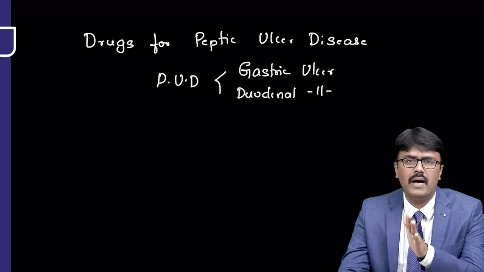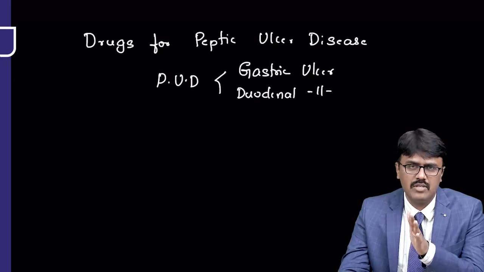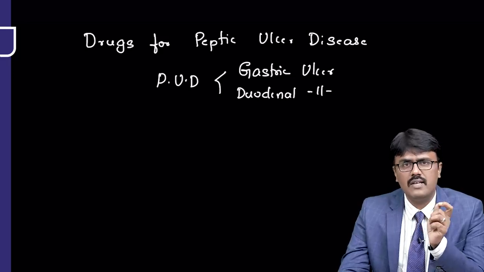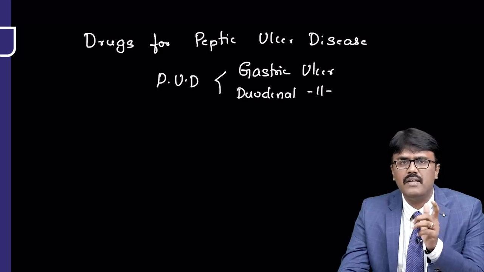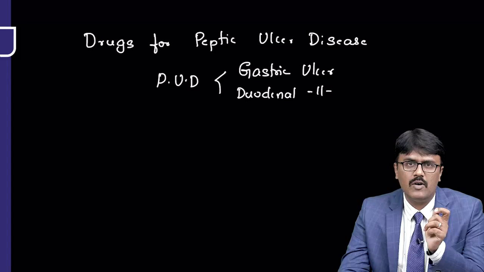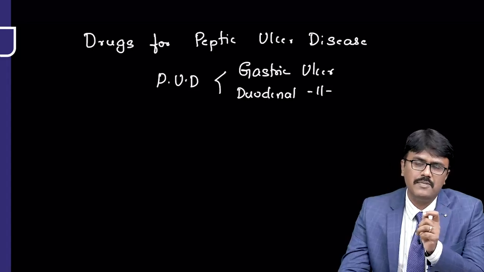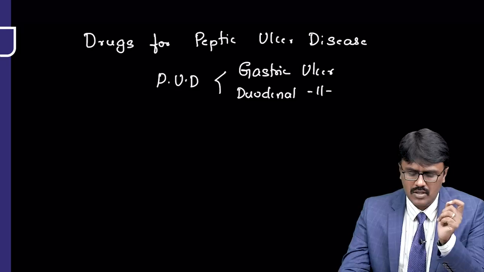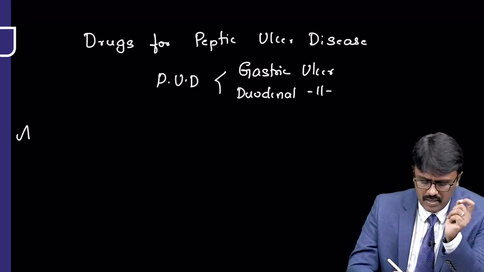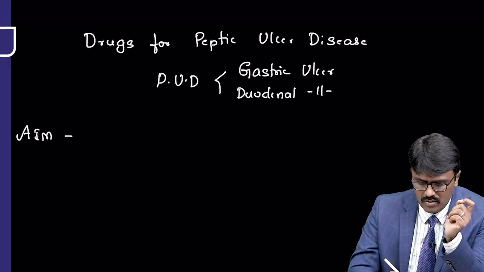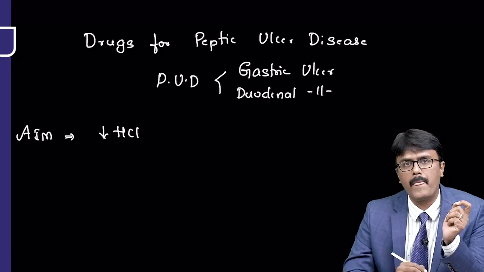The protection is the barrier, that is a thick mucosal barrier. So whenever there is an imbalance between these two, then there is a chance of HCl causing gastritis, and that will lead to the ulcer.